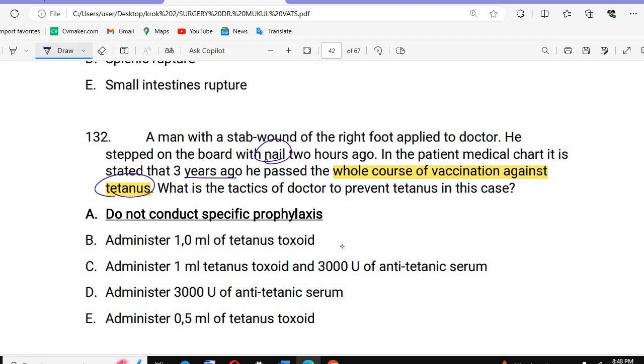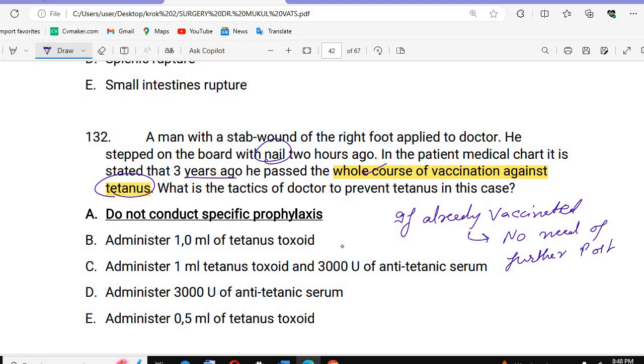For the prevention of tetanus, if already vaccinated, there is no need of further post exposure vaccination.